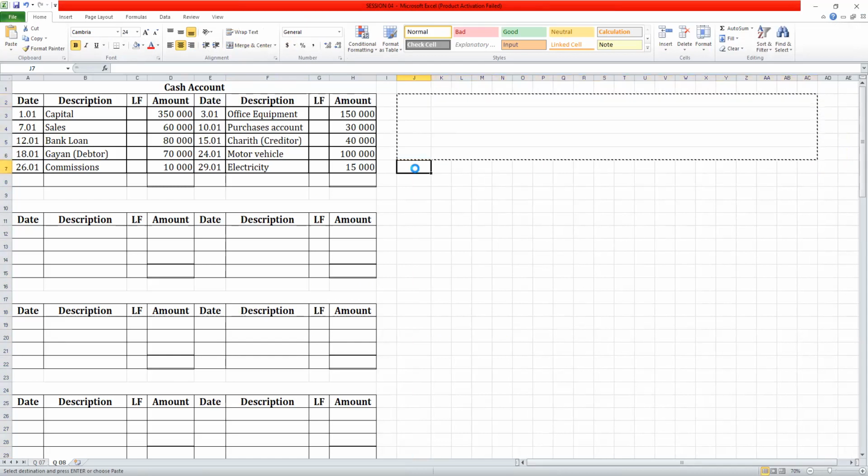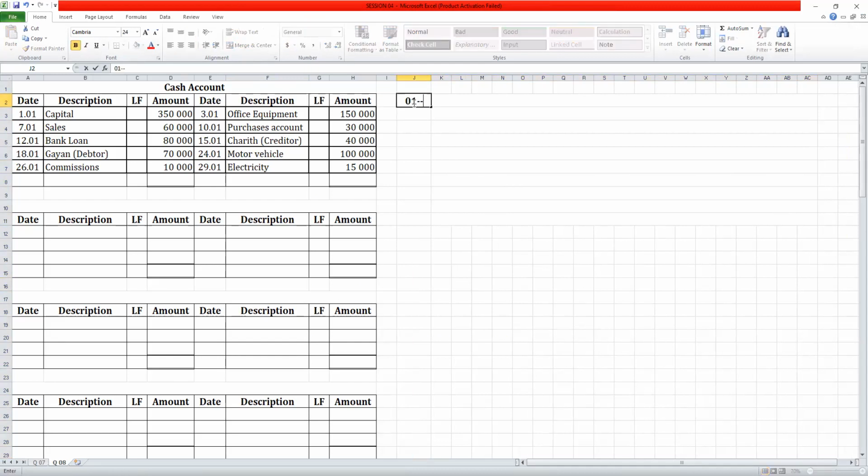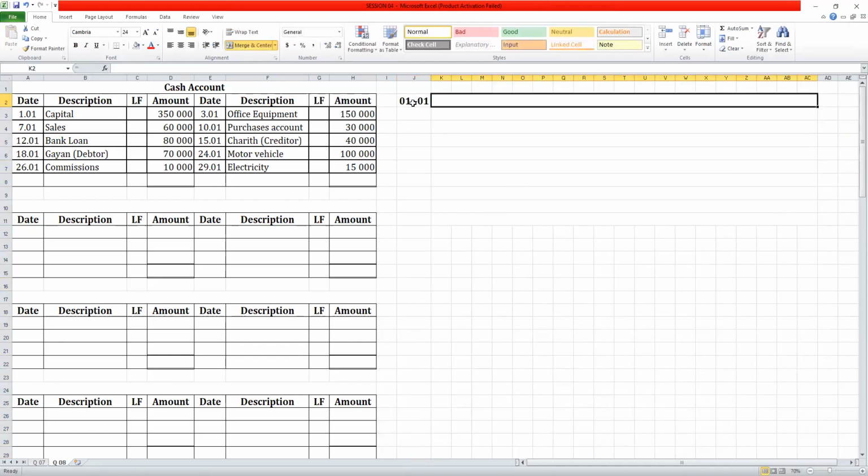Date is 1st of January. What is the transaction? The owner invested rupees 350,000 as capital. Write it down.